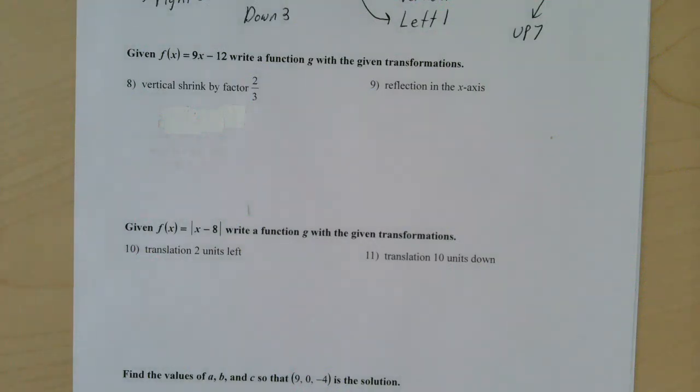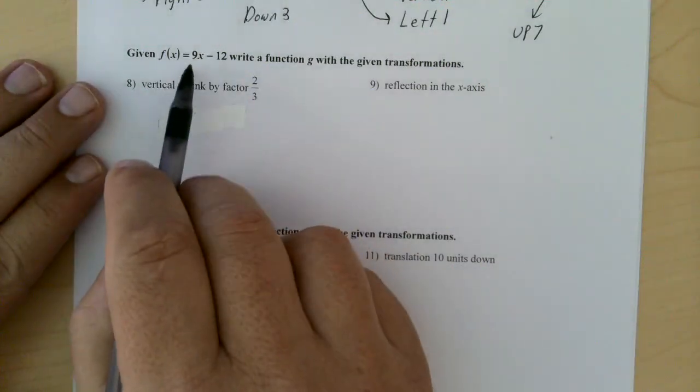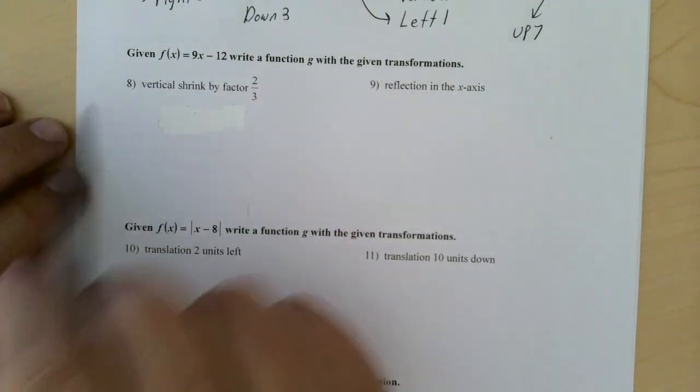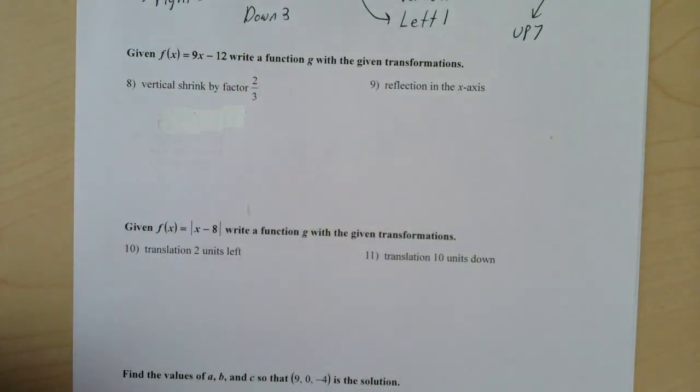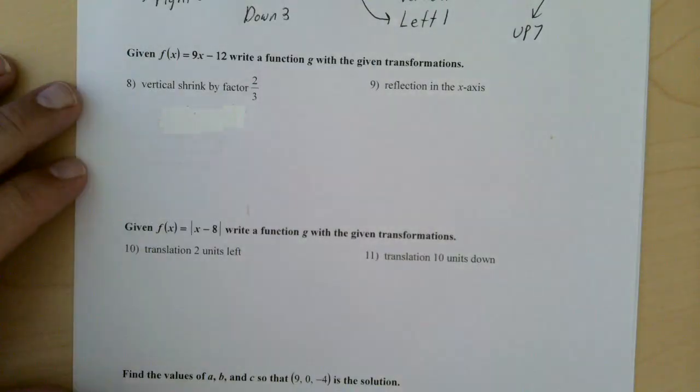Okay, this next section, we're going to transform a linear situation. So it's 9x minus 12, the rule for our linear situation. And the first type of transformation, we want to do a vertical shrink with a factor of 2/3. So you have to remember, vertical stretch and shrink, where it's a multiplier of the entire rule.